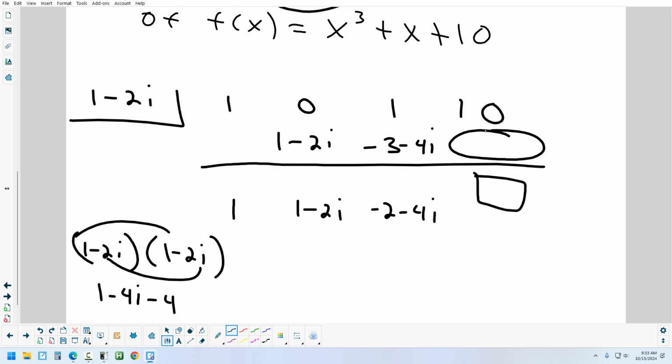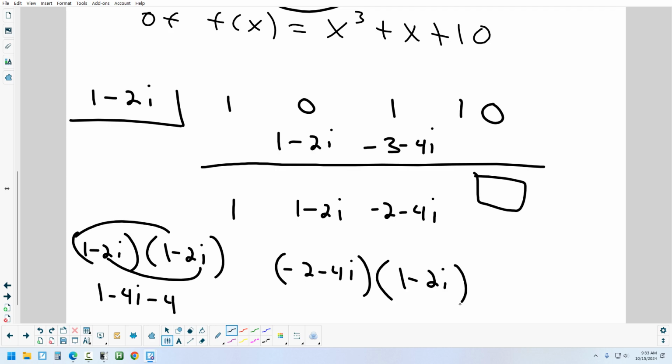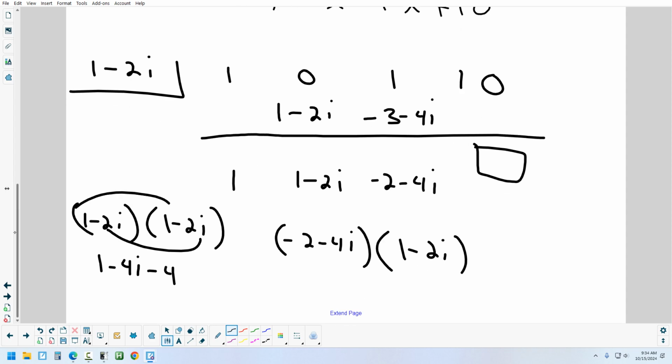So you've got to multiply negative 2 minus 4i by 1 minus 2i. Okay, so let's multiply that out. We get negative 2. And then what am I going to get in the middle for my i's? 4i and negative 4i, so those cancel. Yep.